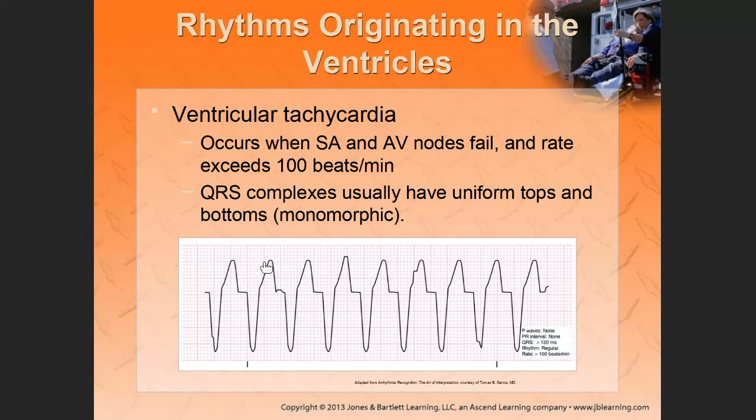So this is what we would call a ventricular tachycardia. Patient can have a pulse or can be pulseless. If the pulse is absent, the patient requires CPR and defibrillation. So this is a ventricular tachycardia. Definitely need to know that one.